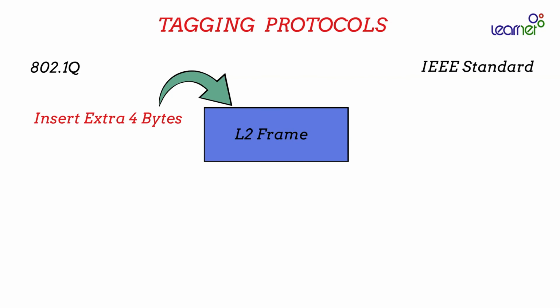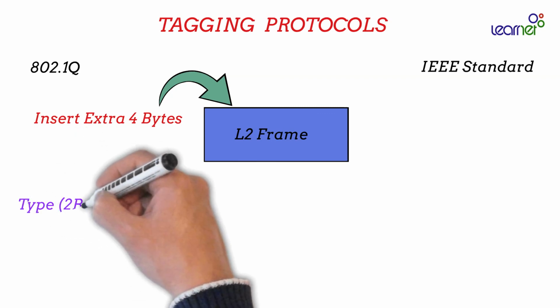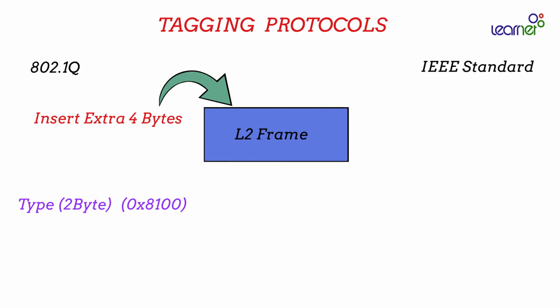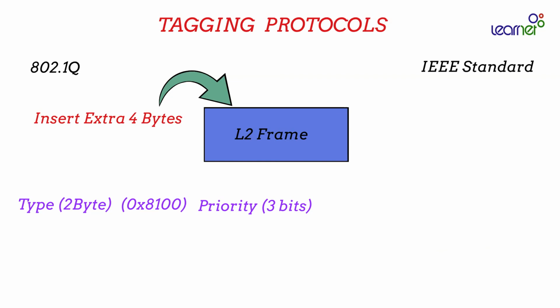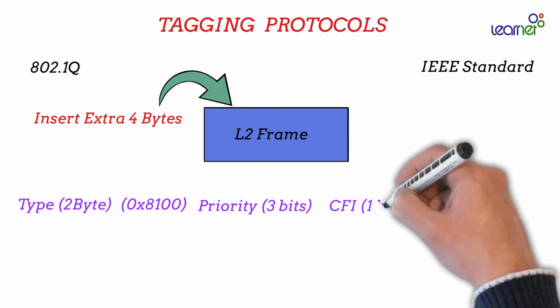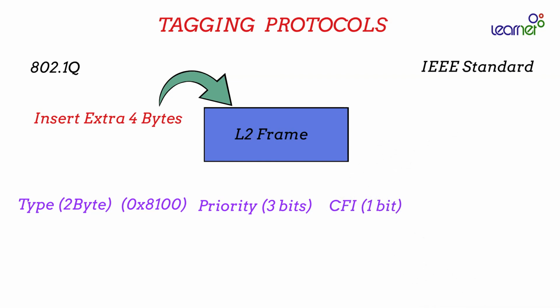This header includes a type field, which is 2 bytes or 16 bits, and it has the value of 8100 hexadecimal, which means it is an 802.1Q tagged Ethernet frame, priority, which is 3 bits, 1 bit for CFI, and 12 bits for VLAN ID.